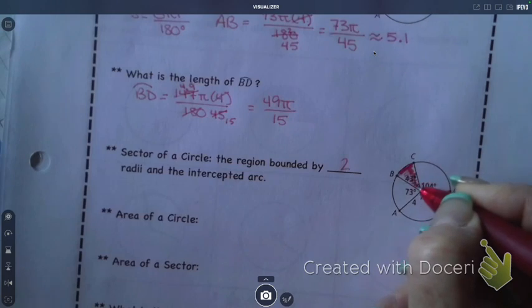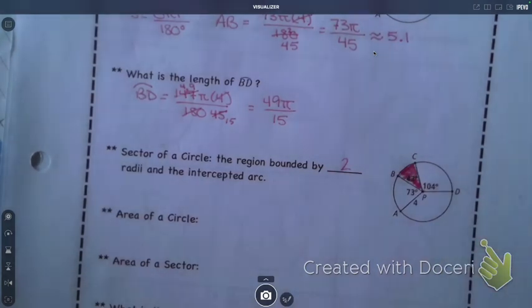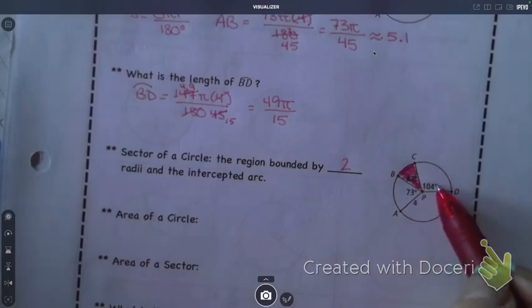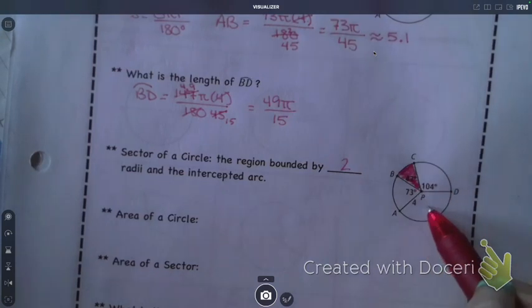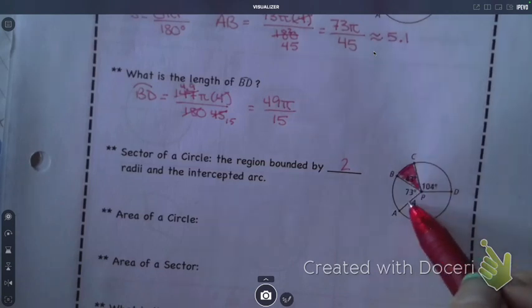of the circle. So how many sectors is this circle divided into? 4. Okay. Oh, but what if I added these two together? Is that 5? Yeah, but then I could put these two together and that would be a 5th one. And then I could put these two together and that would be a 6th.